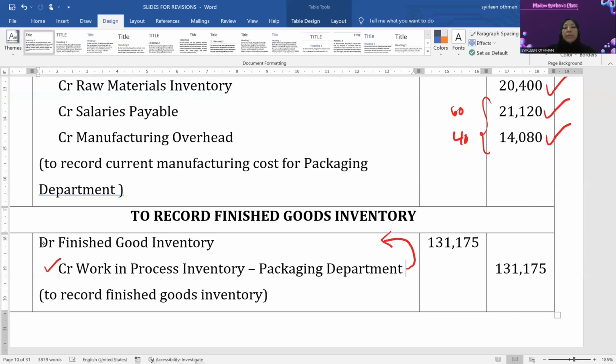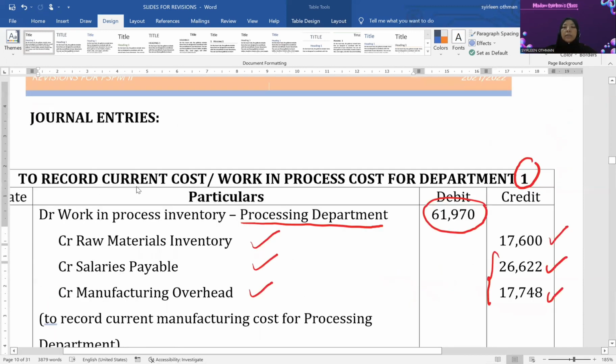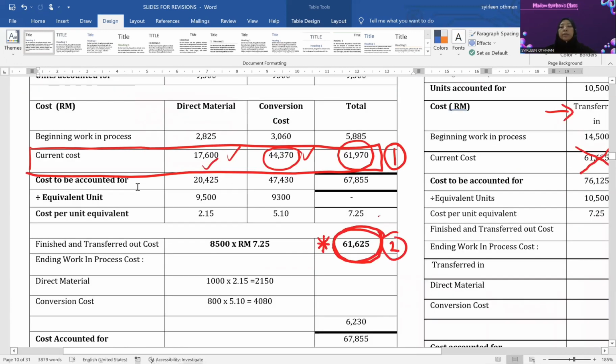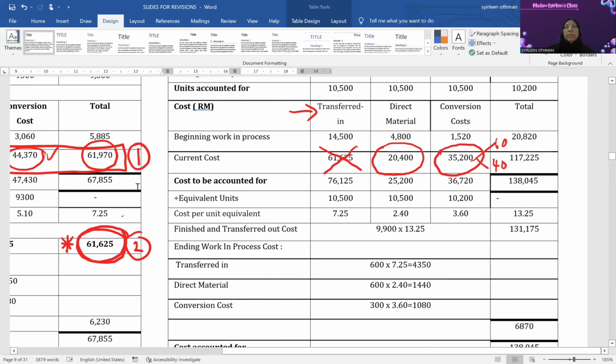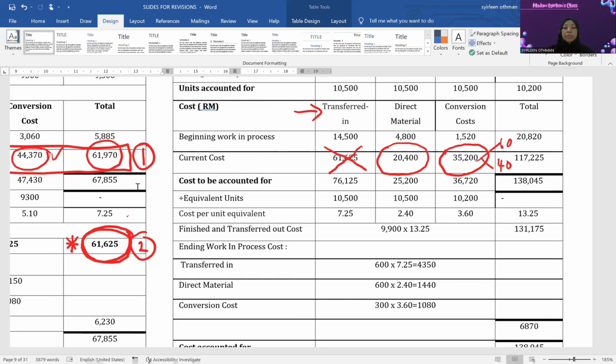So how do I get this 131,175? You go to the production cost report. Okay, kita akan ambil benda yang sama macam kita buat dekat the first production report. Kita akan ambil the finish and transferred out cost 131,175. Ambil terus nilai ni.